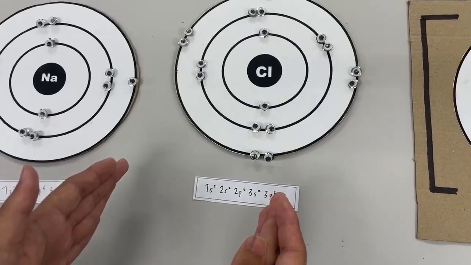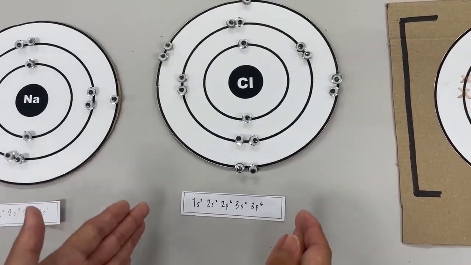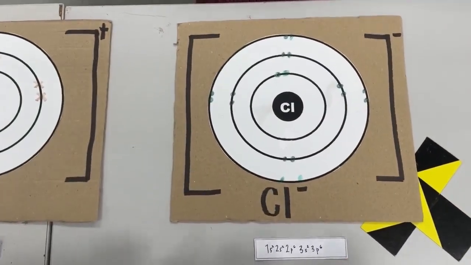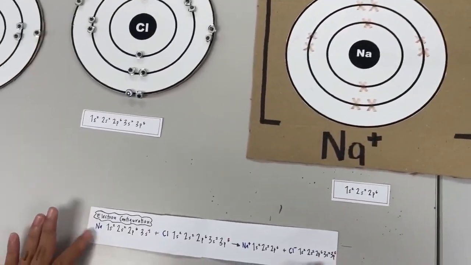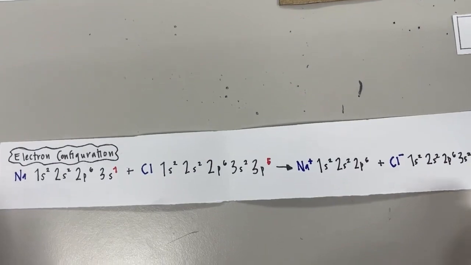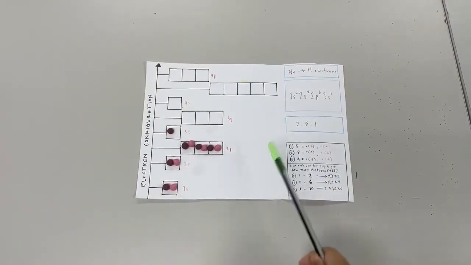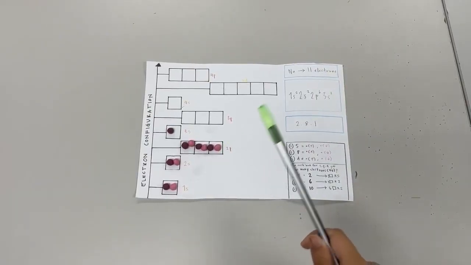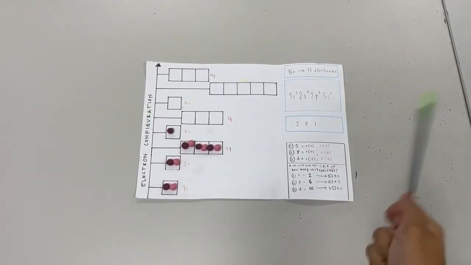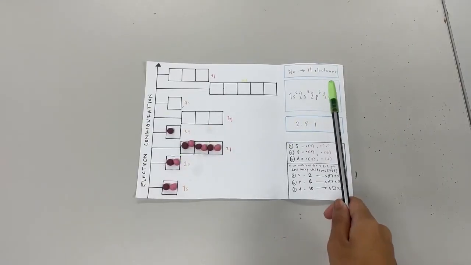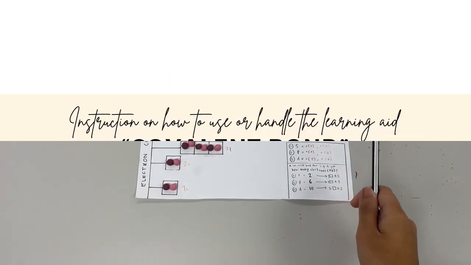And the electron configuration will be like this, and like this. So the entire electron configuration will be like this. Based on this electron configuration learning aid, student will understand on how the Hans rule works and how to write down the electron configuration.